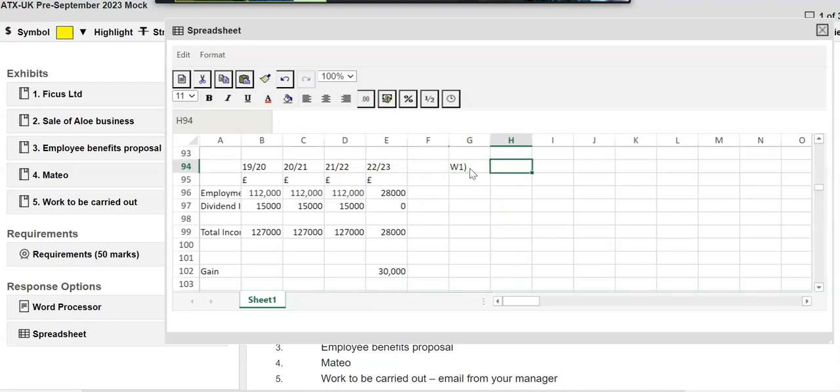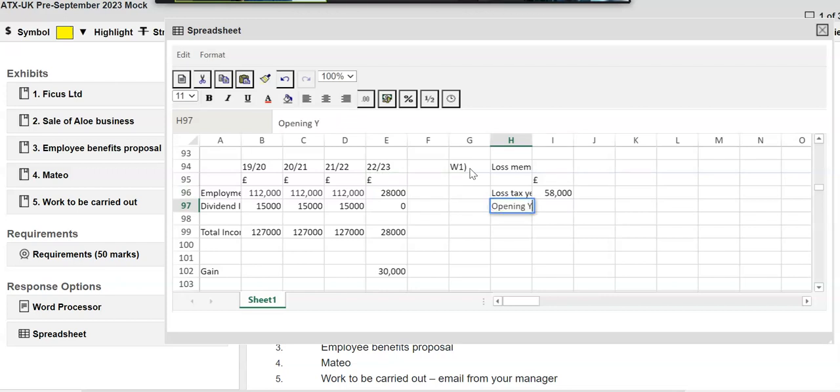So let's see if we have to make some loss memorandum. Working number 1, loss memorandum. So let's copy the pound sign. So I said that the loss is from tax year 22-23, and that is 58,000.